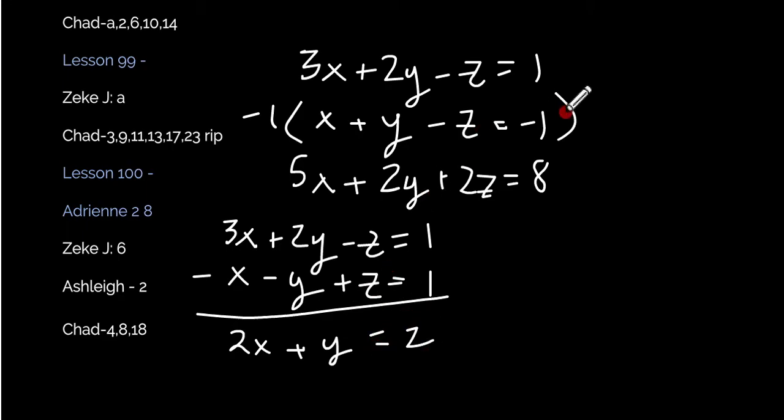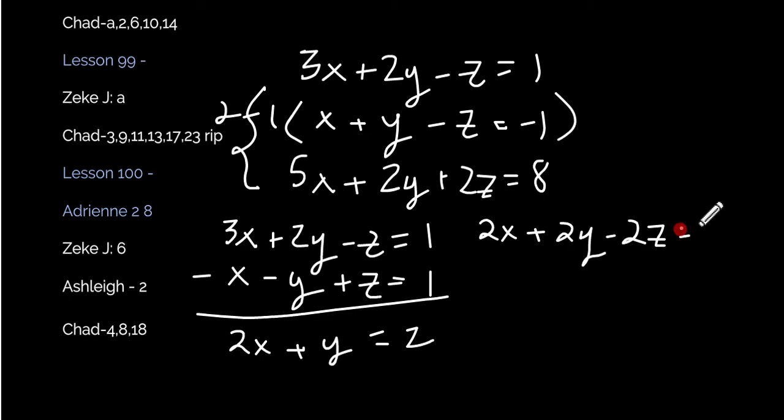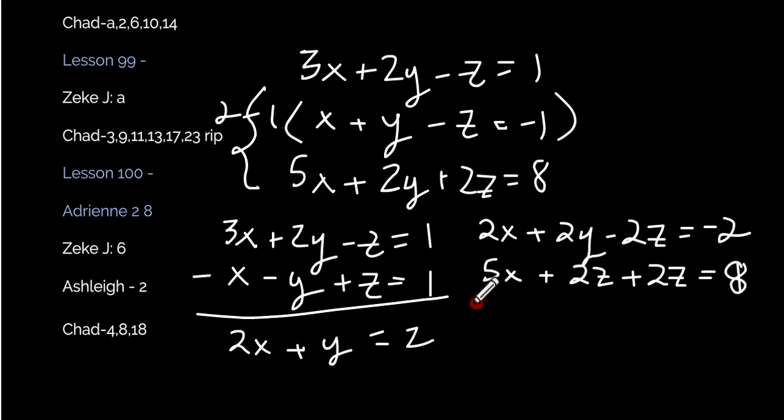All right, now I'm actually going to take these two, and I'm going to multiply the second one by 2. So 2x plus 2y minus 2z equals -2. Wow. And then I'm going to add it to the bottom one. 5x plus 2y plus 2z equals 8.